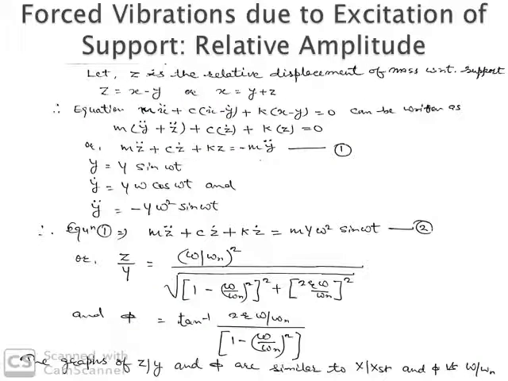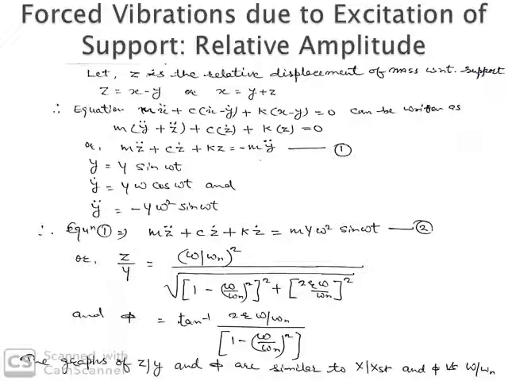Now the second method is the relative amplitude method. Let z be the relative displacement of the mass with respect to the support. We put displacement x minus y equals z, so x is y plus z.